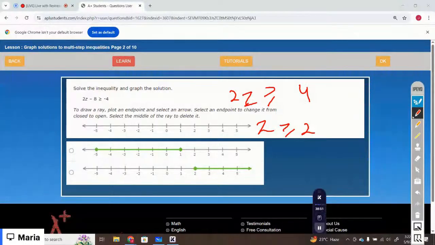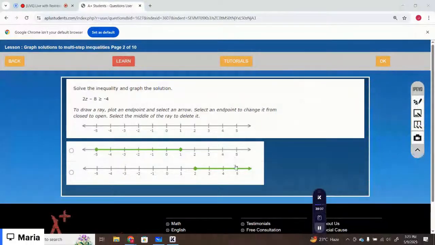So option number 2 is the correct option.